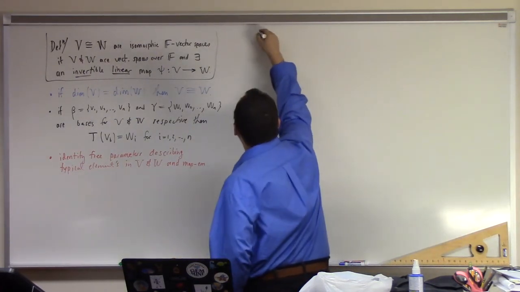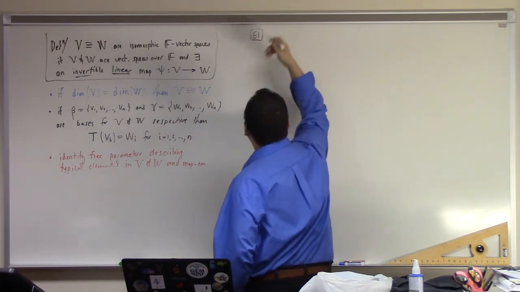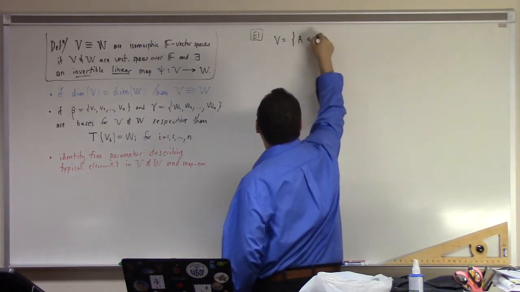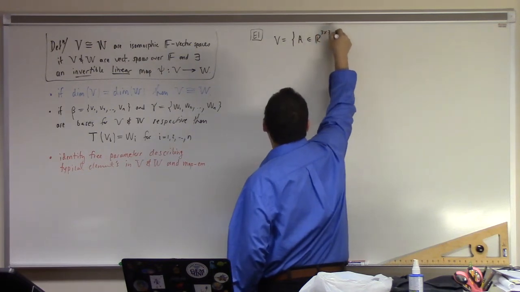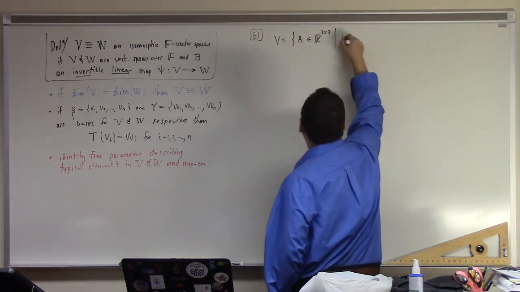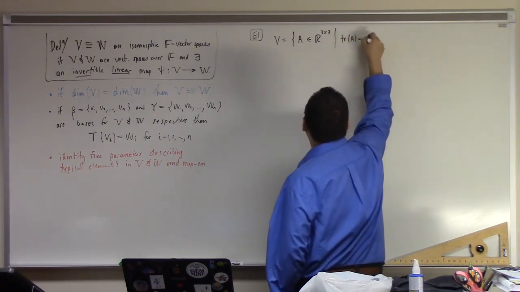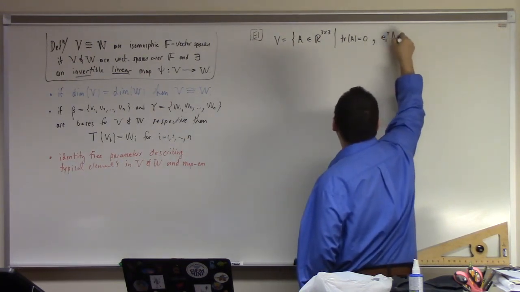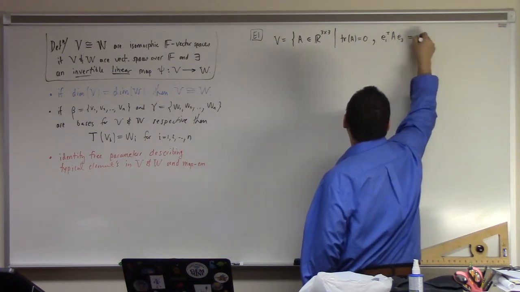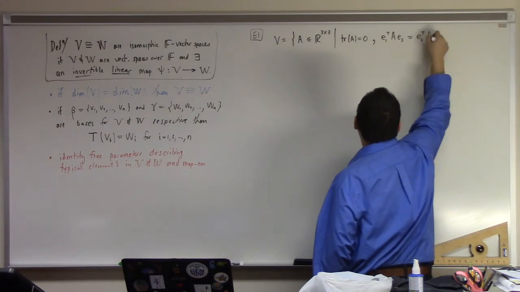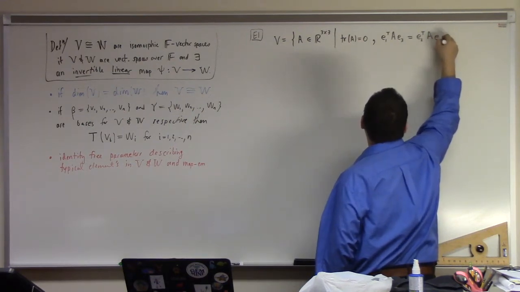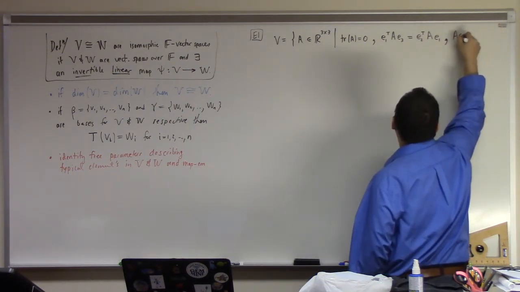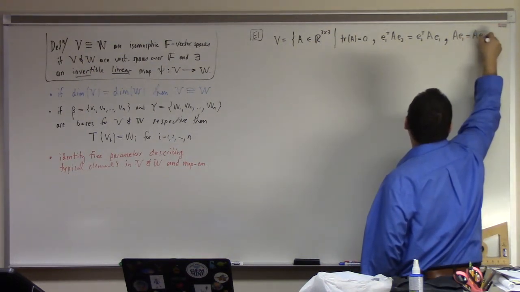So here, we could look at, say, V equals A in R^(3 by 3) such that the trace of A is equal to 0, and E1 transpose A E3 equals E2 transpose A E1, and A E1 equals A E3.